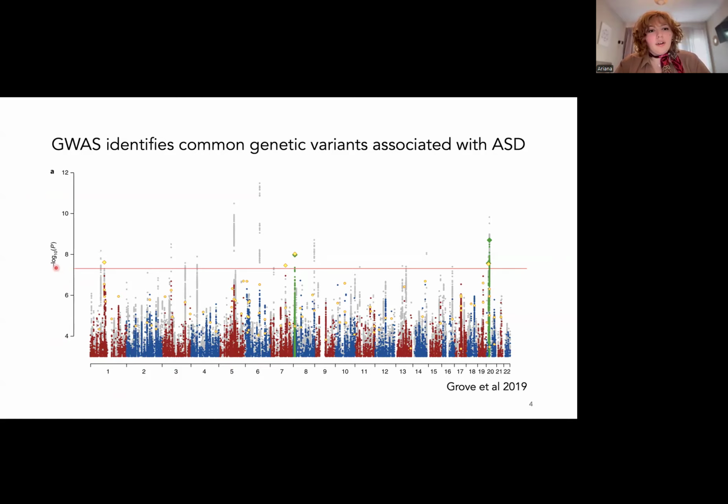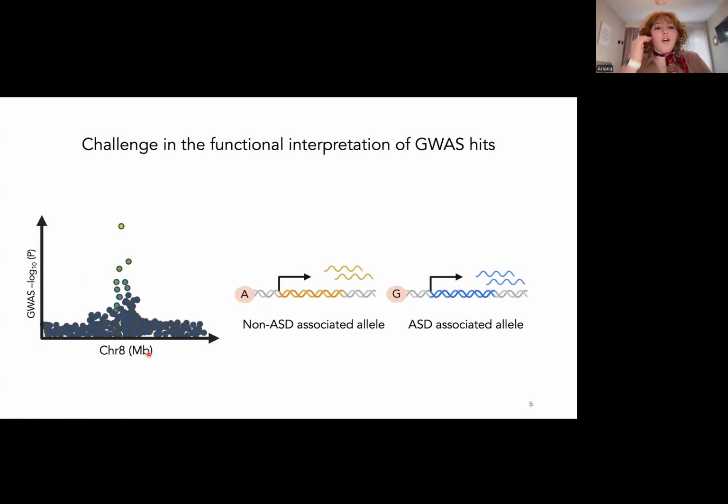When a dot is above this line, which is the threshold, that variant is considered significantly associated with the trait, or with ASD in this case. But the question becomes, what happens when we try to interpret what these variants actually do? Often we see something like this. Even though one of these variants is associated with ASD, there's no detectable difference in gene expression between the two alleles. So how do we make biological sense of these hits?